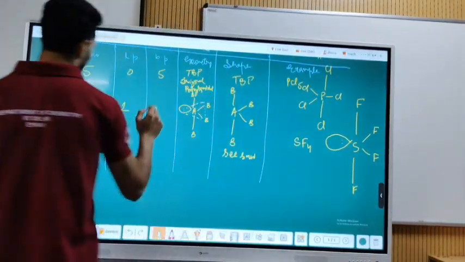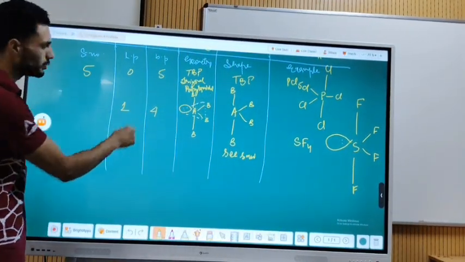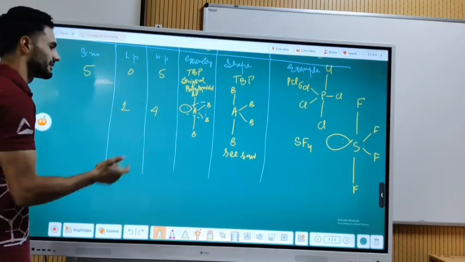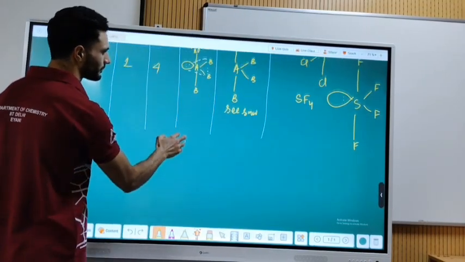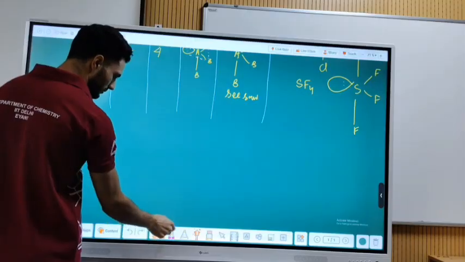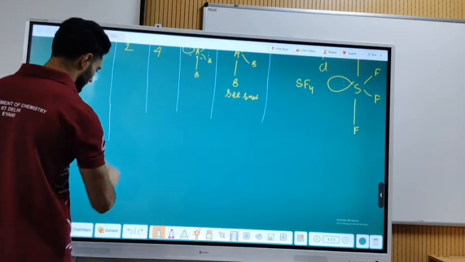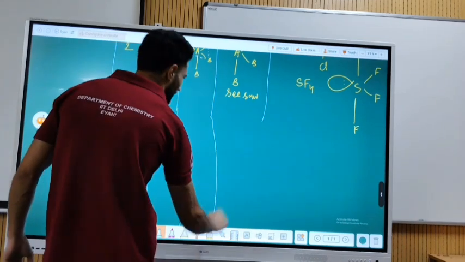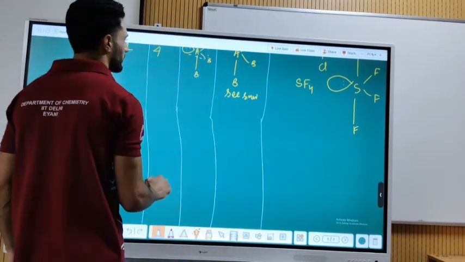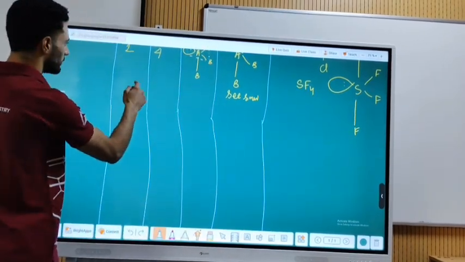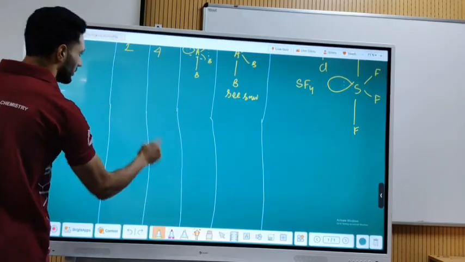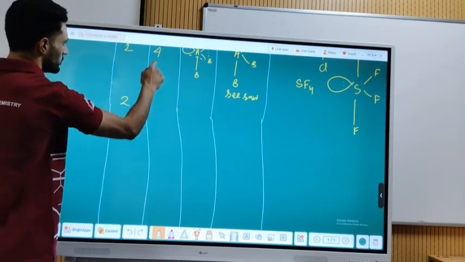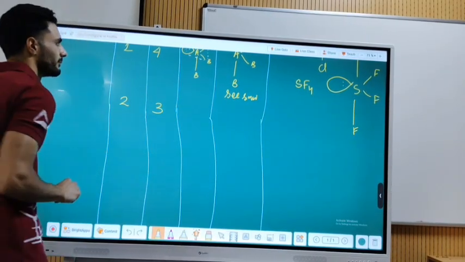Now here comes another case, when the number of lone pairs is 2 and the number of bond pairs is 3.